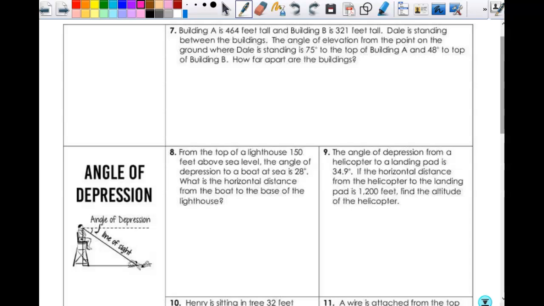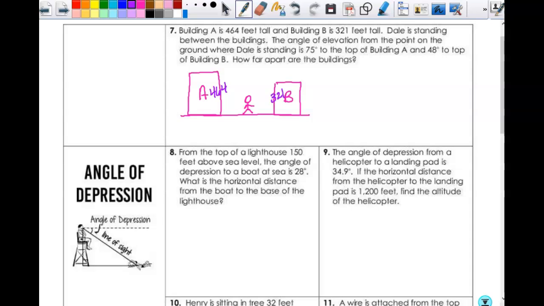Okay, so I got 2 buildings. Here's building A, and building B is shorter, so here's building B. Dale is standing in between them, so then there's like a ground down here. Oh, and this is 464, and this is 321.